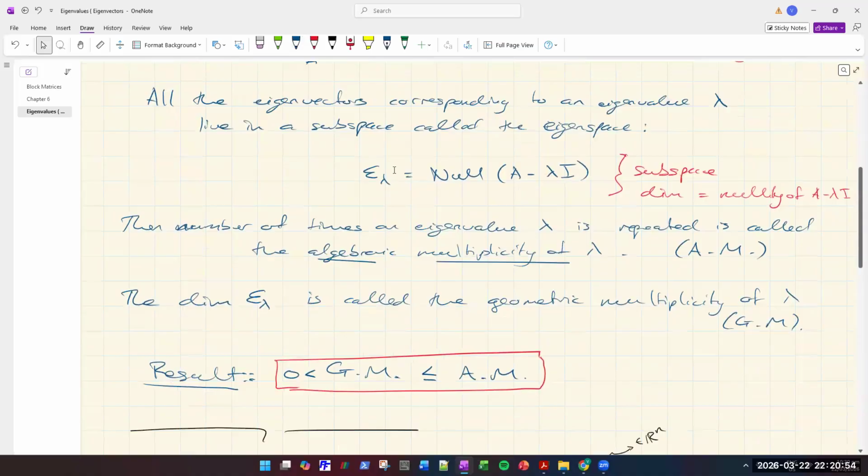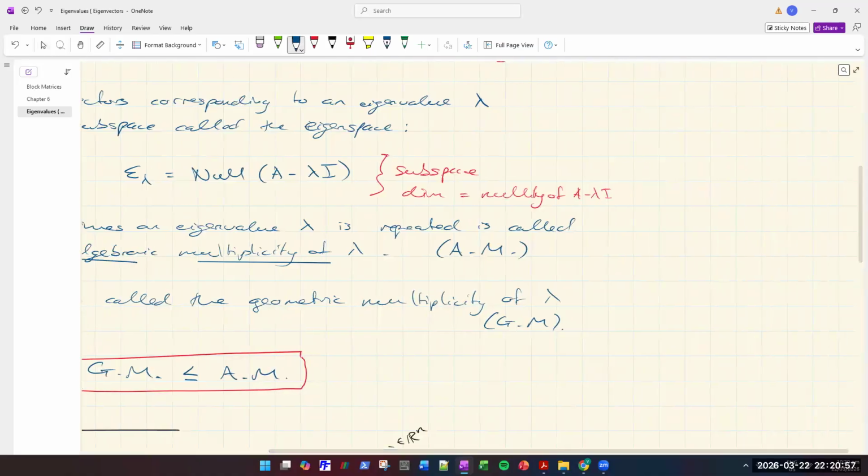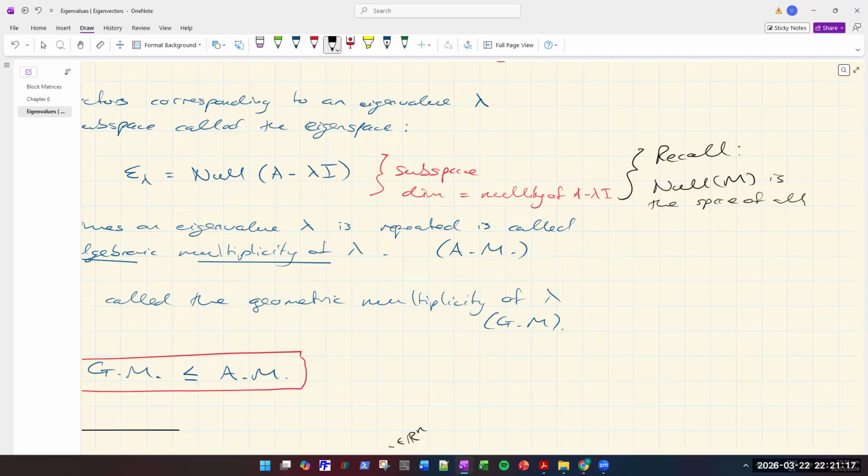The null space of a matrix M is the solution set, all possible solutions of this equation, M x equals 0.